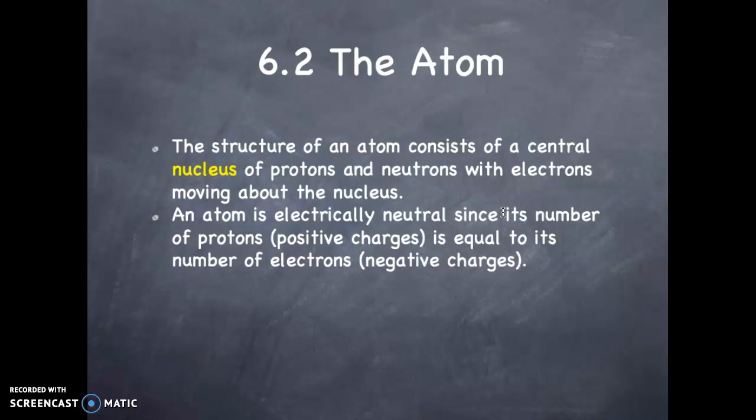The structure of an atom consists of a central nucleus of protons and neutrons, with electrons moving about the nucleus. An atom is electrically neutral. All atoms are electrically neutral since the number of protons, positive charge, is equal to the number of electrons, which are negatively charged.